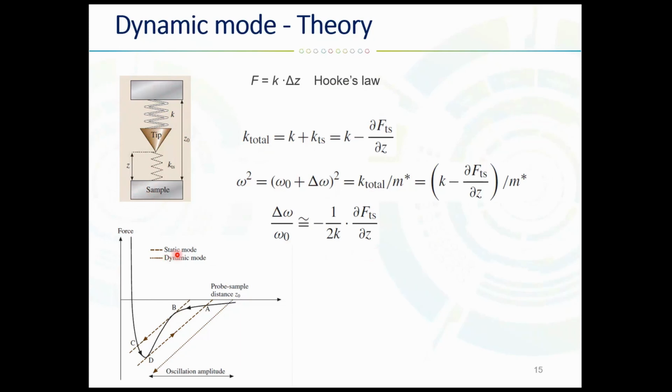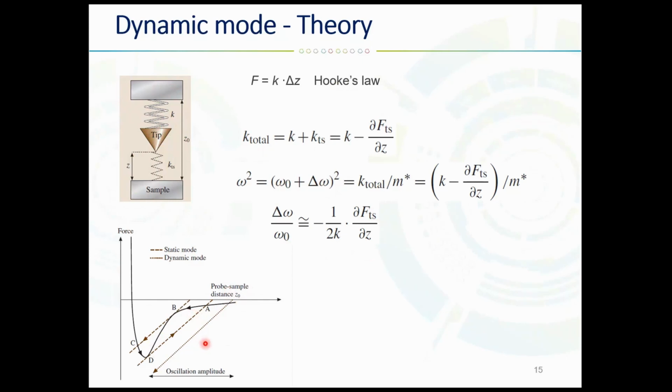So here again is the typical force distance curve. And as the tip approaches the sample, the negative attractive force that is representing van der Waals or chemical interaction force will increase until the maximum is reached. So the spring constant of the cantilever here is represented by the slope of the straight line.